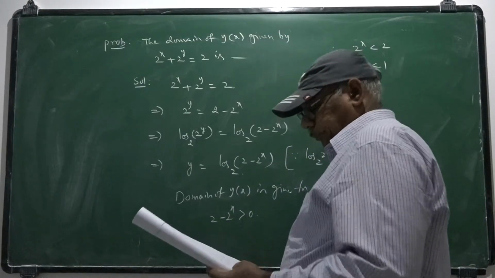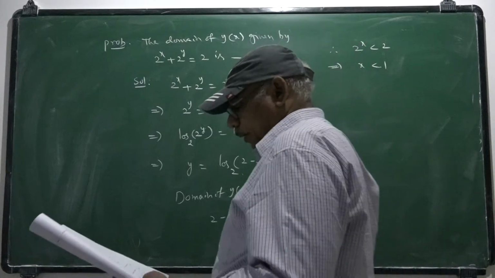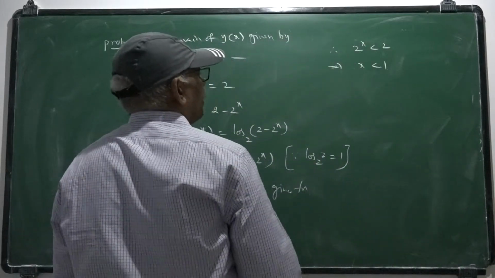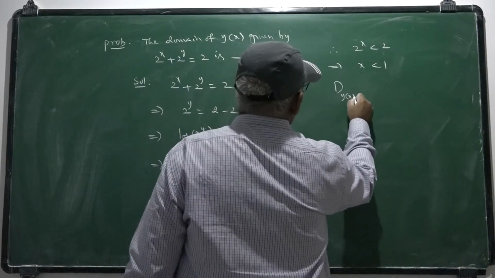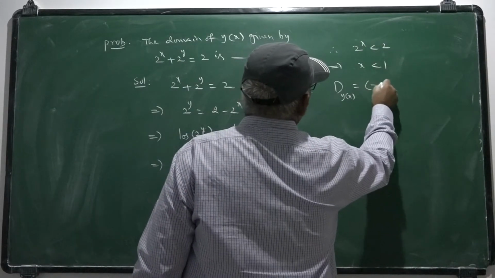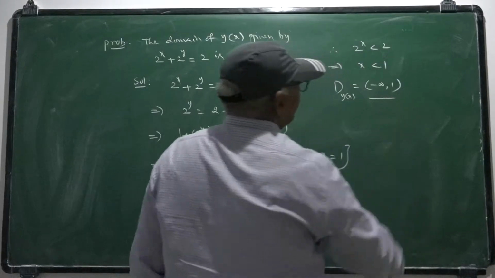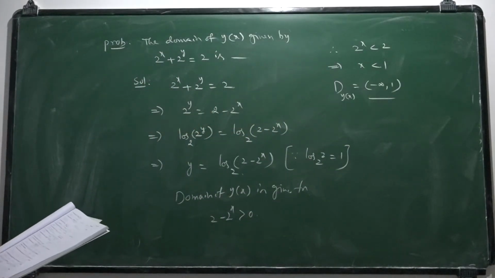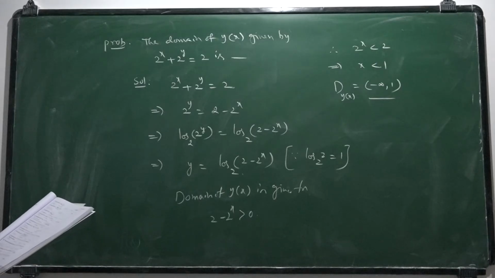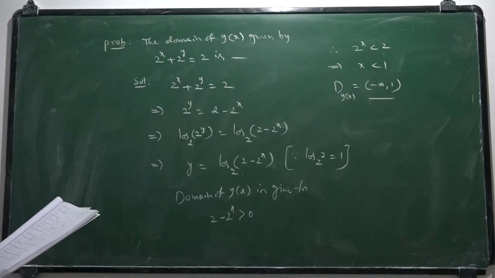So the domain of y of x is minus infinity to 1 itself. This is one fine problem.